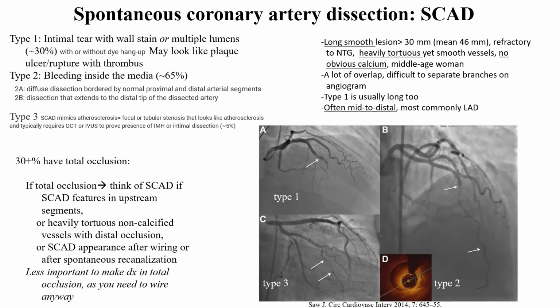It's a bleeding in the media that causes compression of the lumen, and it tends to have the appearance of that long, smooth lesion over 30 millimeter, refractory to nitroglycerin, usually heavily tortuous, although not in this particular case, and with no obvious calcium, middle-aged woman.